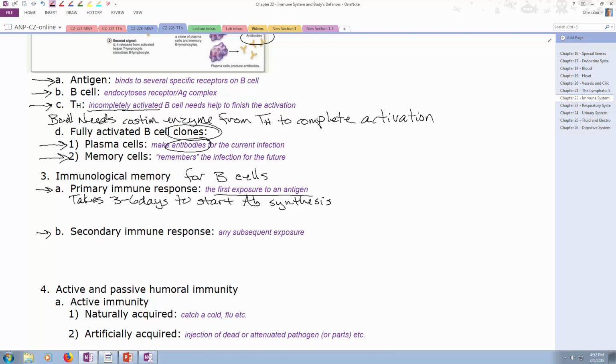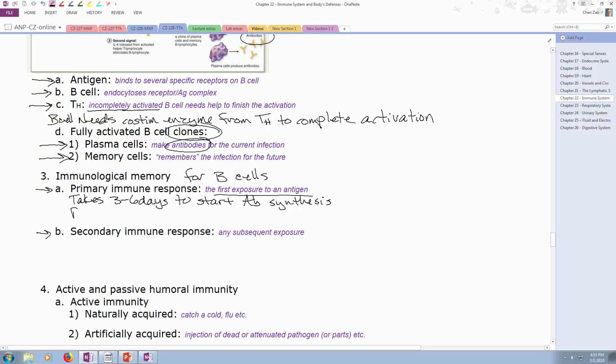So B cells can't clone and make antibodies until they have a T helper cell that has also been activated to get them to start their cloning and antibody production. So it takes time for all of this to occur. You follow this kind of complicated chain of command.